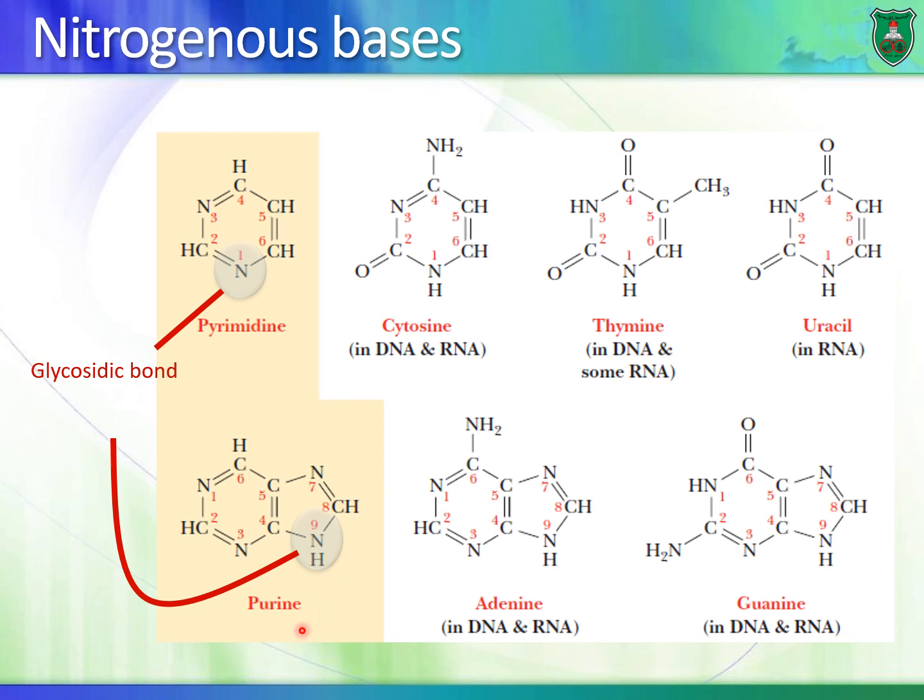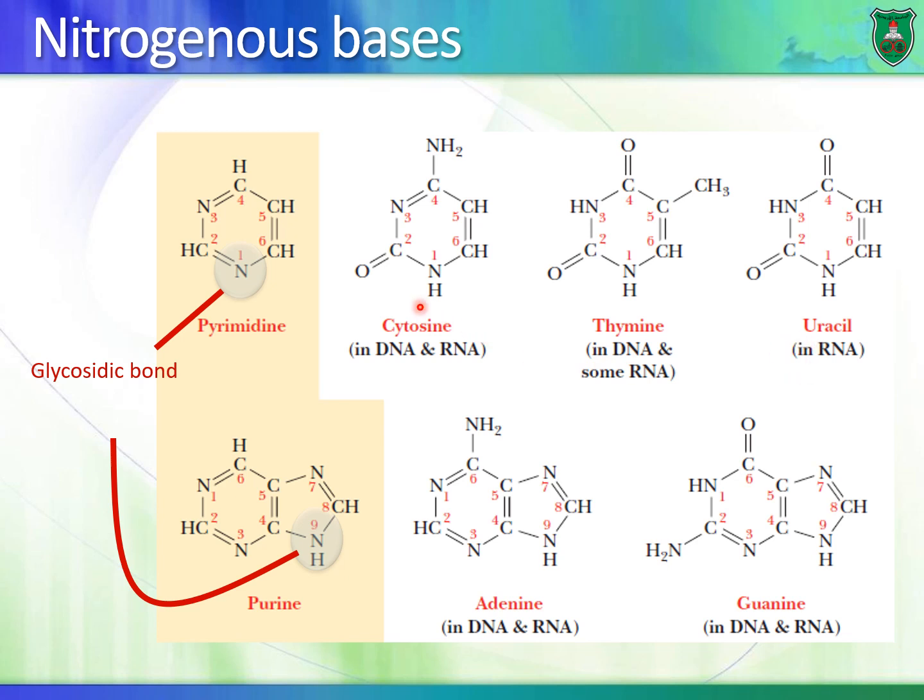Now there are different types of purines and pyrimidines. If I say pyrimidine, I'm talking about this structure, but this structure can have different forms. For pyrimidines, there are 3 different types: cytosine, thymine, and uracil.